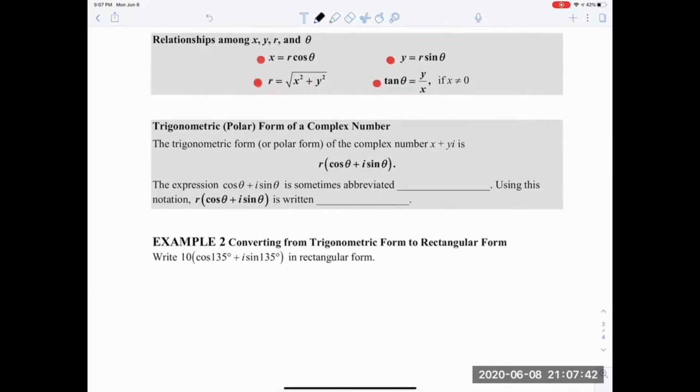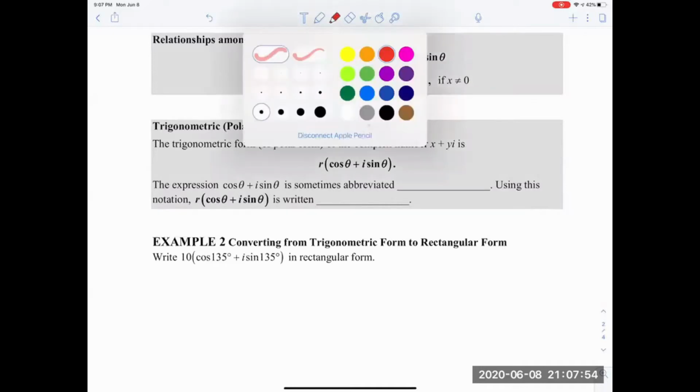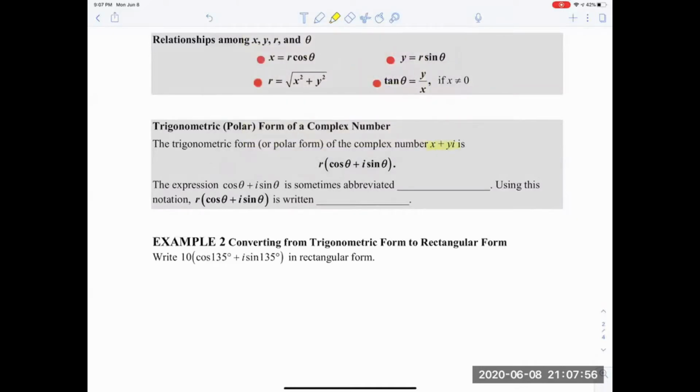Now, having said that, we have everything we need to write the polar form. What is a polar form? It's a way to express the number x plus yi in this format: r parentheses cosine of theta plus i sine of theta. Well, how did we get that?